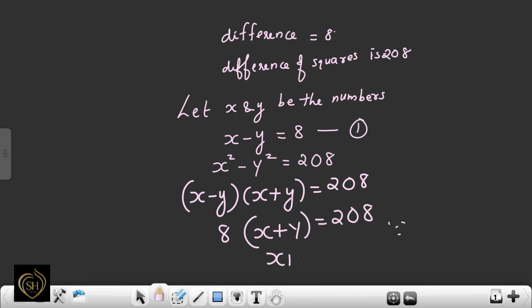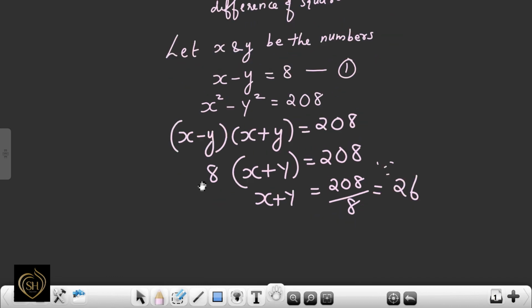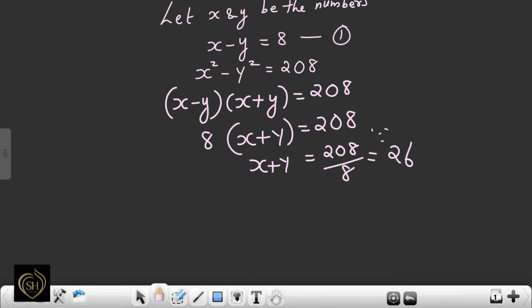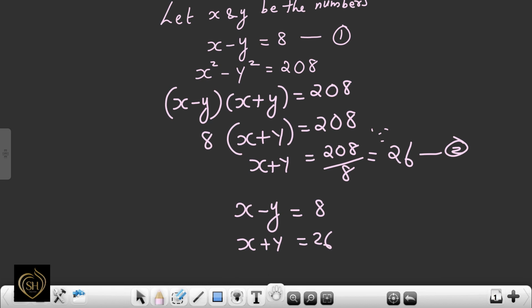So, x plus y is equal to 208 by 8. 208 by 8 is 26. Now, we got two equations. First equation is x minus y is equal to 8. Second equation is x plus y is equal to 26.